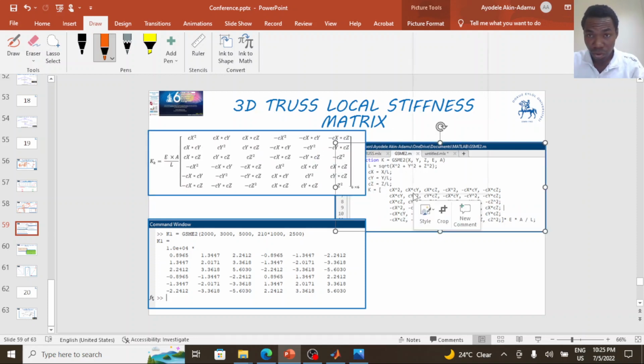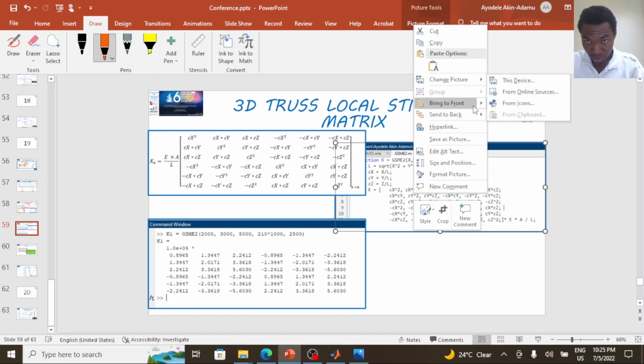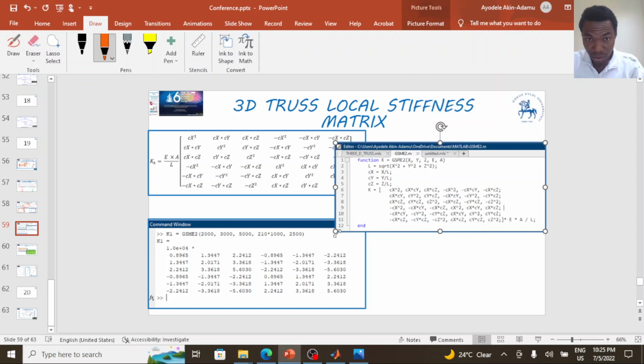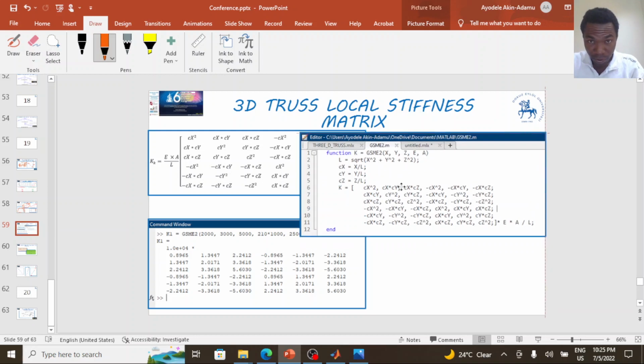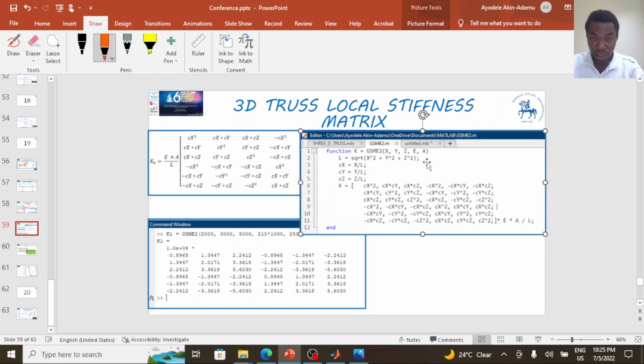I wrote this code on Matlab to compute the stiffness matrix of each element. So K is the function that returns the stiffness matrix of the truss element. I named the function GSME2.